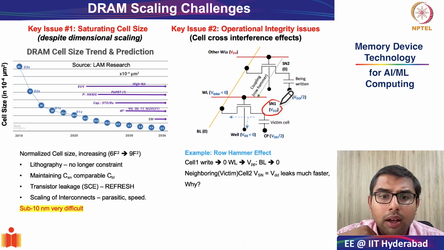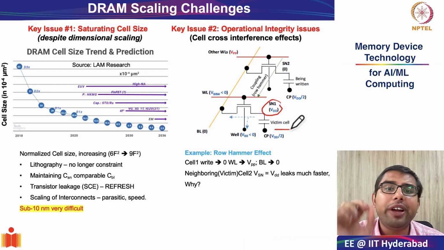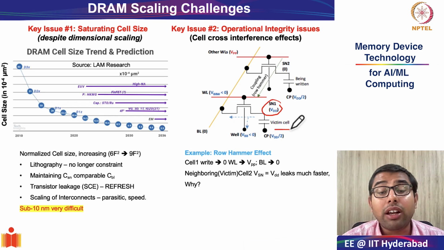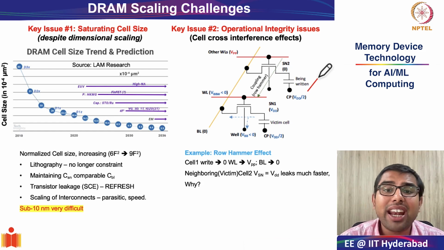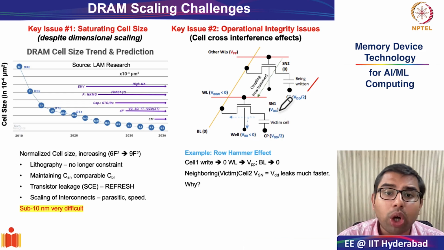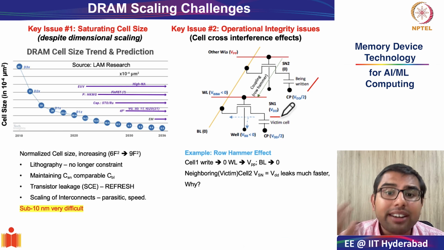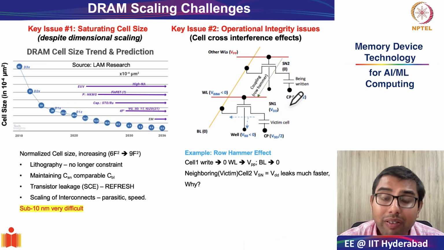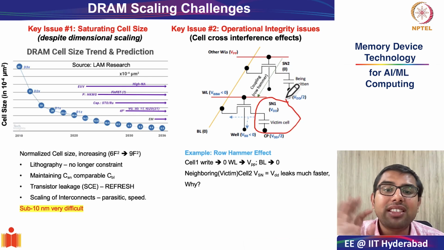So basically, if we assume that on the neighboring victim cell we had a value of VDD on the storage node, it is seen that if you write into this neighboring cell again and again, the charge on the storage node gets leaked out much faster. And as a result, if you can make sure that the leakage happens much faster than the refresh rate, what will essentially happen? You will be corrupting the data which is written in the victim cell.